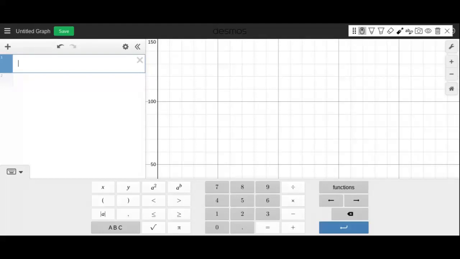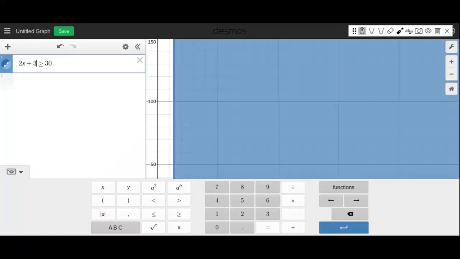All right, so for our system of inequalities, for example 2, we had 2x plus 3y greater than or equal to 30.